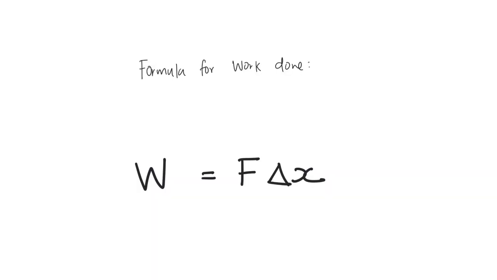So the formula they give us here for work done is W equals F delta X. The W stands for work done, and it's measured in joules, and the unit of measurement is a capital letter J. We then have F, the force, and when we say force, we mean net force in newtons.